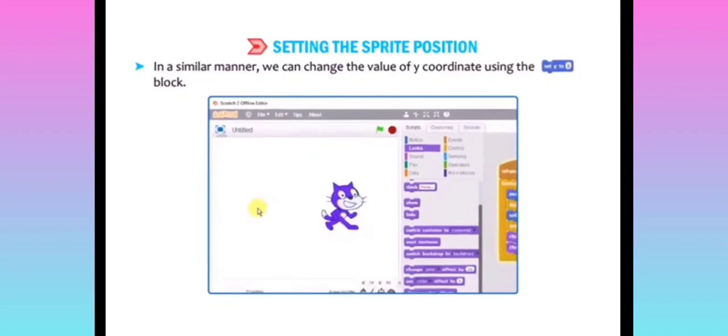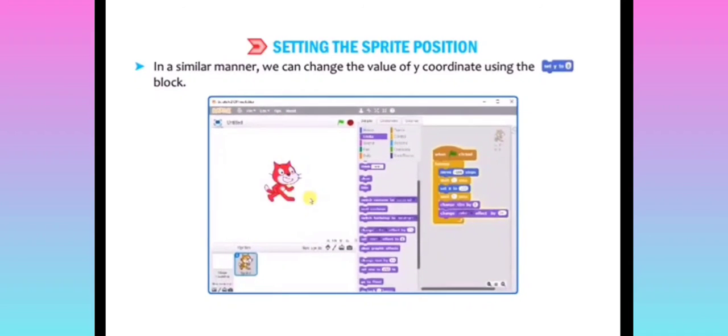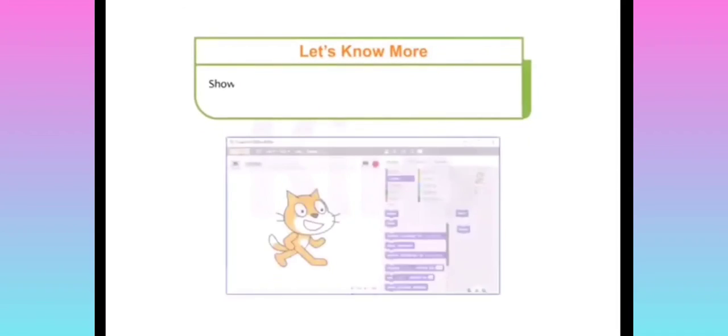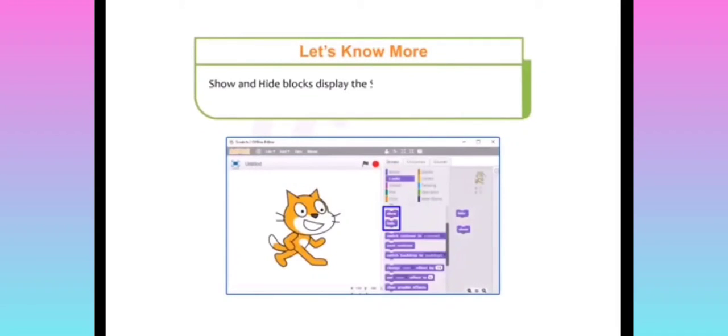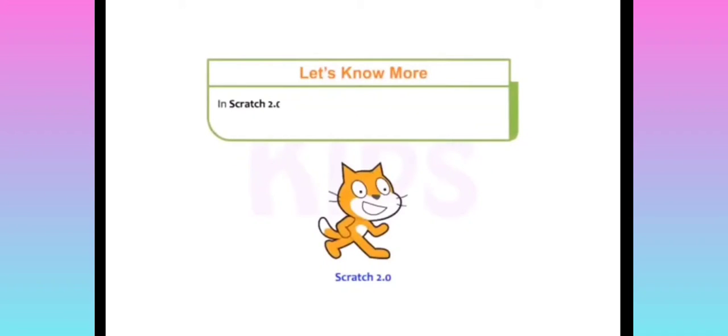Note that show and hide blocks display the sprite on the stage or make it disappear from the stage respectively. Another fact to know, in Scratch 2.0, the picture on the stage is called backdrop. In Scratch 1.4, it is called background.